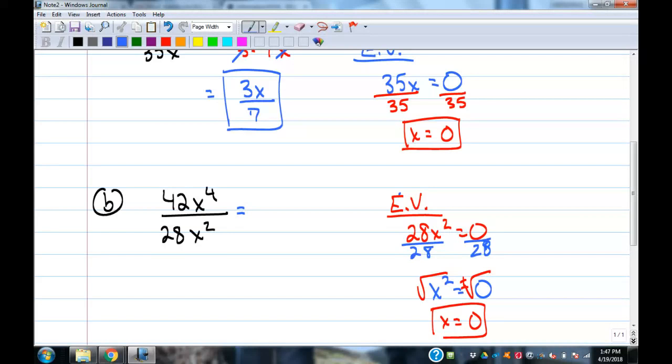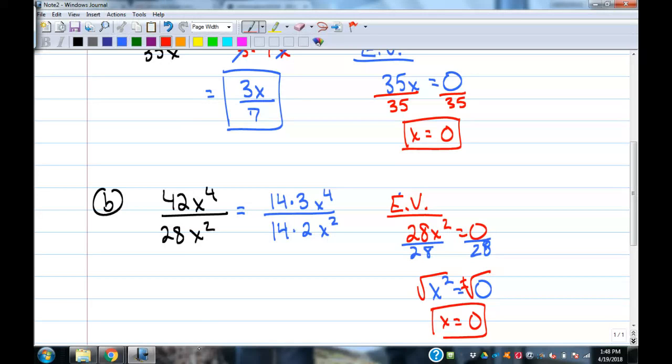So 42 is 14 times 3. And x to the 4th, we know is 4 x's written out. And then 28 is 14 times 2, and then 2 x's. What cancels out here in our factors?